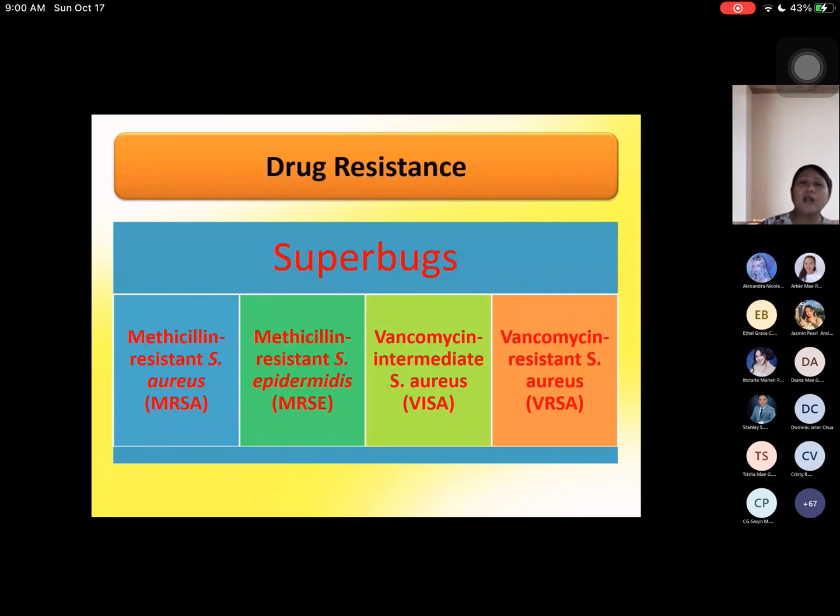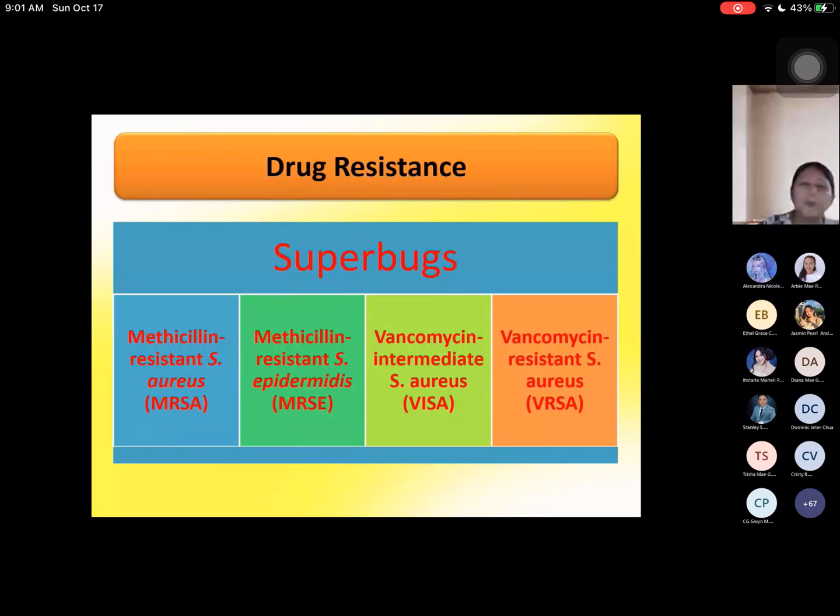For the drug resistance, we have the term superbugs. When you say superbugs, these are the microorganisms that are resistant to certain antibacterial or antimicrobial drugs. Because of the increasing cases of drug resistance, they thought of this.